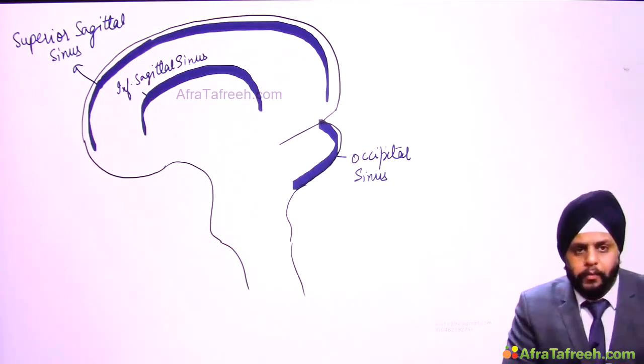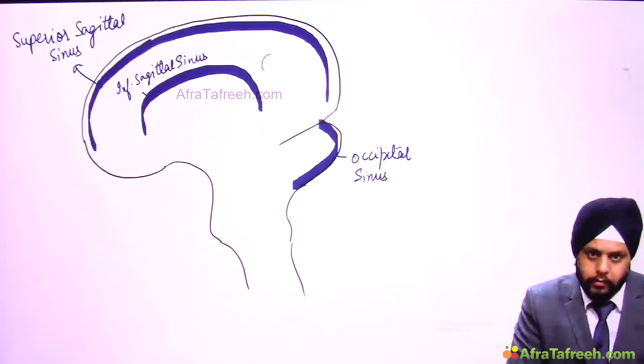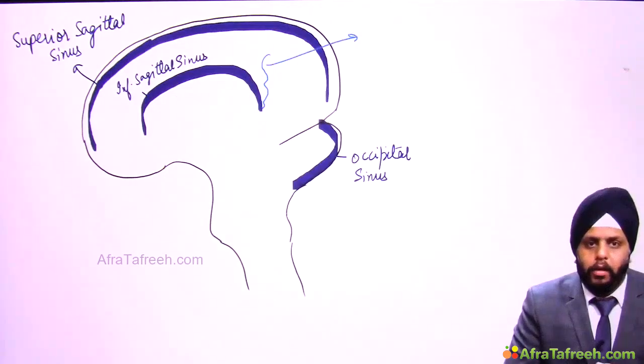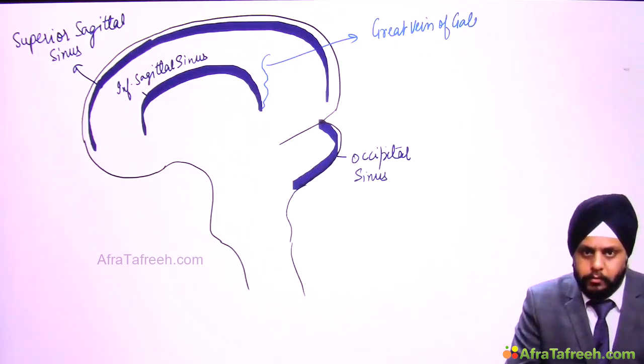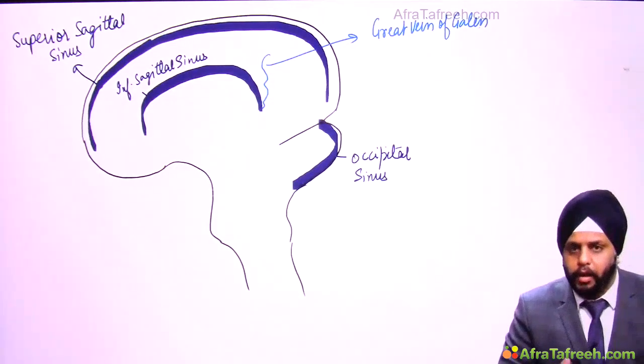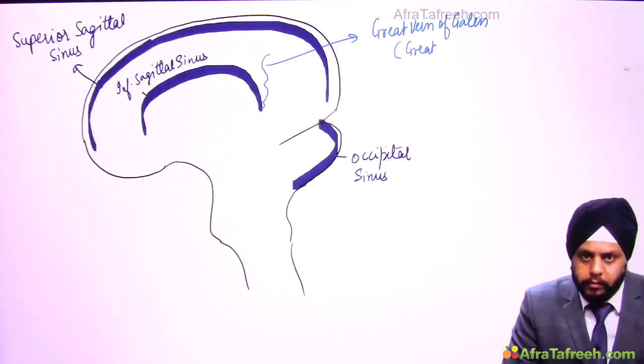Now, this inferior sagittal sinus, the son, one day meets a very, very good looking girl. Her name is Great Vein of Galen, also known as the Great Cerebral Vein.